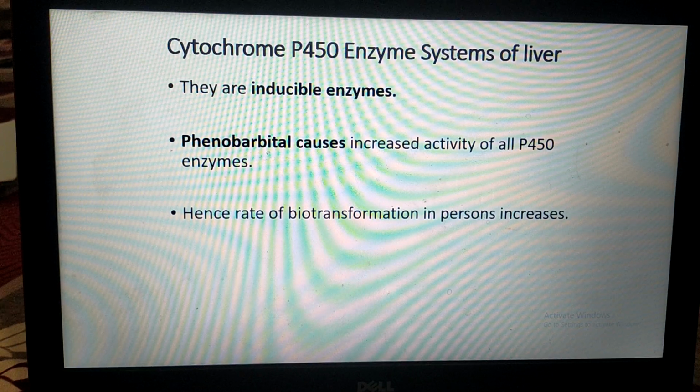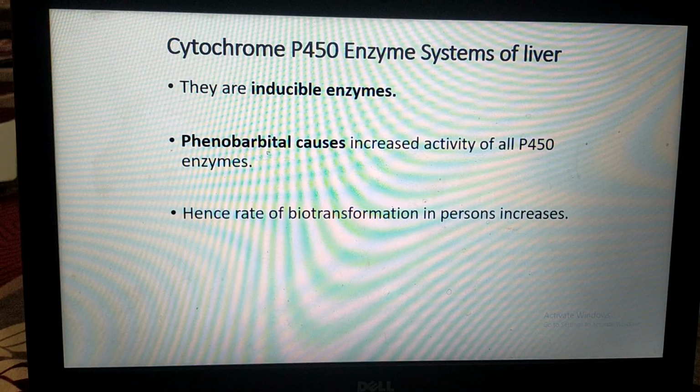On the contrary, enzymes for which the concentration inside the cell remains constant throughout life are called constitutive enzymes. Now, cytochrome P450 are inducible enzymes, and the drug phenobarbital causes increased activity of all cytochrome P450 enzymes. What will happen?